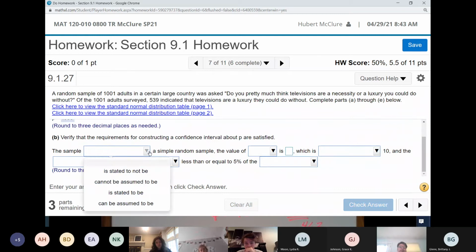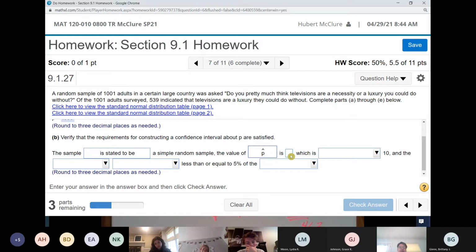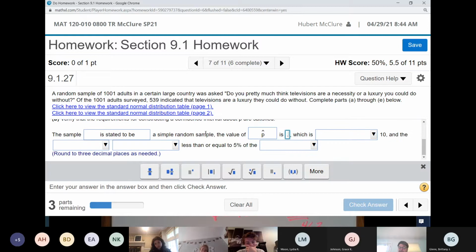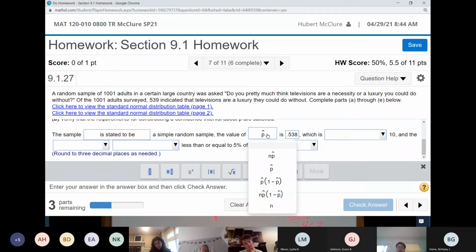The sample is stated to be a simple random sample. See there, random sample. Okay, it is stated to be a random sample. The value of P hat is 0.538, which is, no, this is NPQ right here.